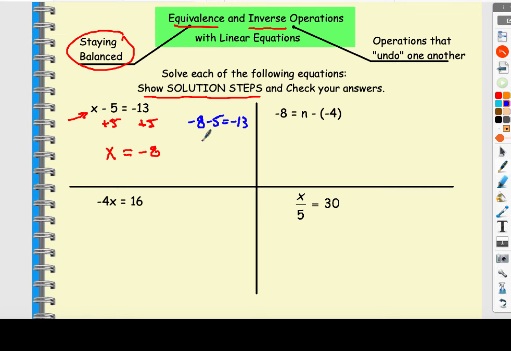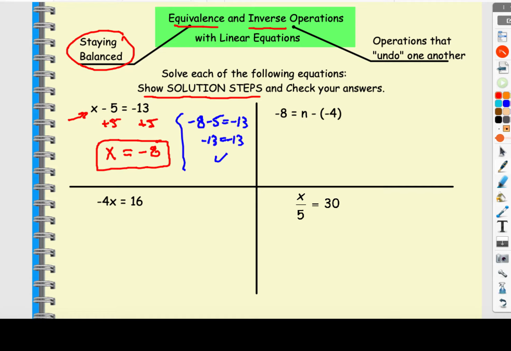Since negative 8 minus 5 is negative 13, negative 13 equals negative 13, and we've checked our answer. We always want to write out both sides of the equation because that's very helpful. On the left here, that's our answer, so don't forget to go back. Now that we know it works, x equals negative 8 is our solution.